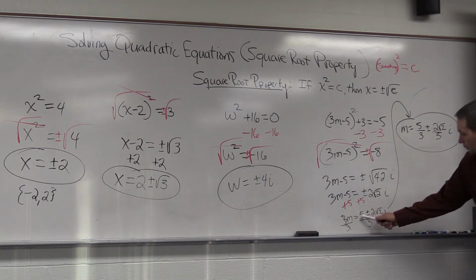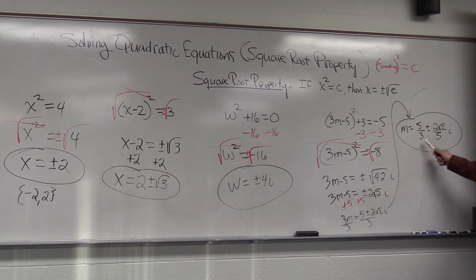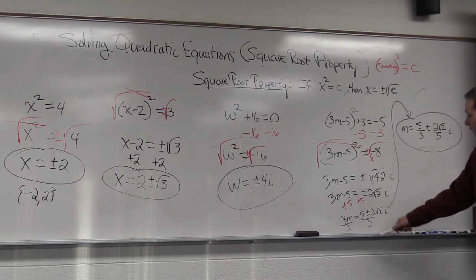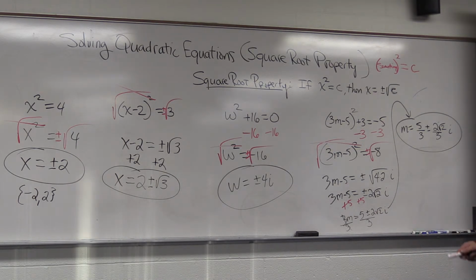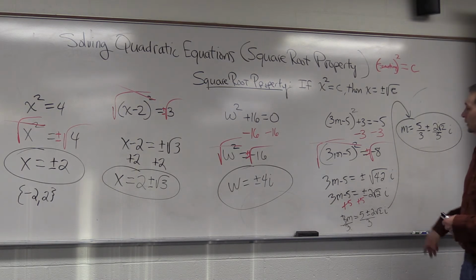Make sure nothing reduces; if it reduces, you want to reduce it, and that would be a plus bi form. But I don't mind if you just left it as 5 plus or minus 2 root 2 i, all over 3. That would be my answer for something like that. That's as tricky as they get, and they get pretty messy looking, but we're looking for exact radical form, simplified radical form. And that's solving quadratic equations with the square root property.